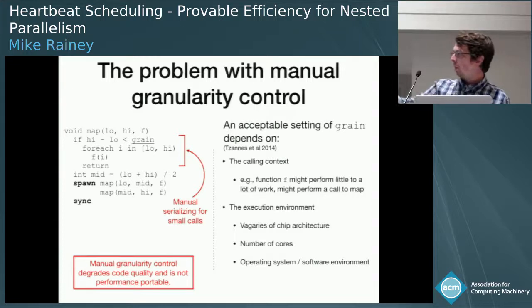The problem is that this grain parameter is highly dependent on the context surrounding the software. There are a lot of reasons why this doesn't work, and they're summarized really well by Tzanis et al. But basically, it's a problem because the goodness of the grain depends on the software context and the execution context, including details of the architecture, number of cores, and so on.